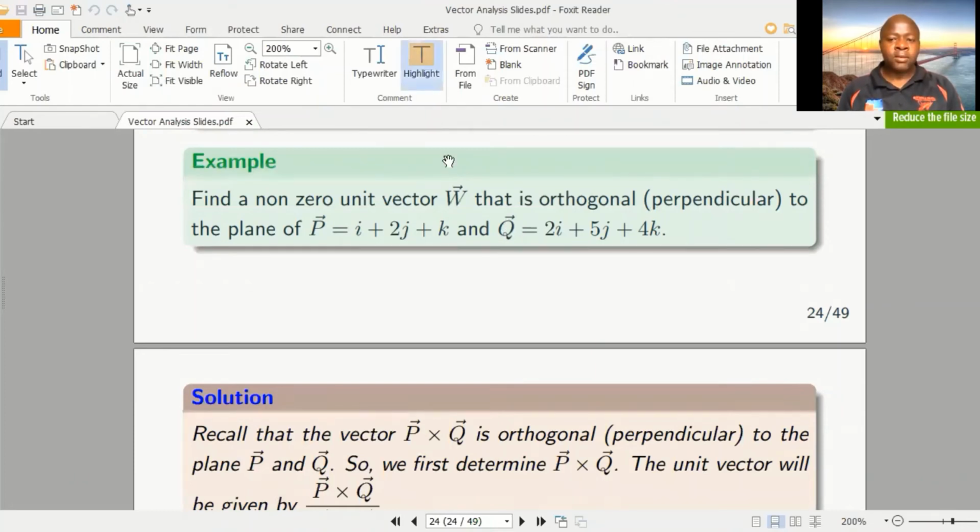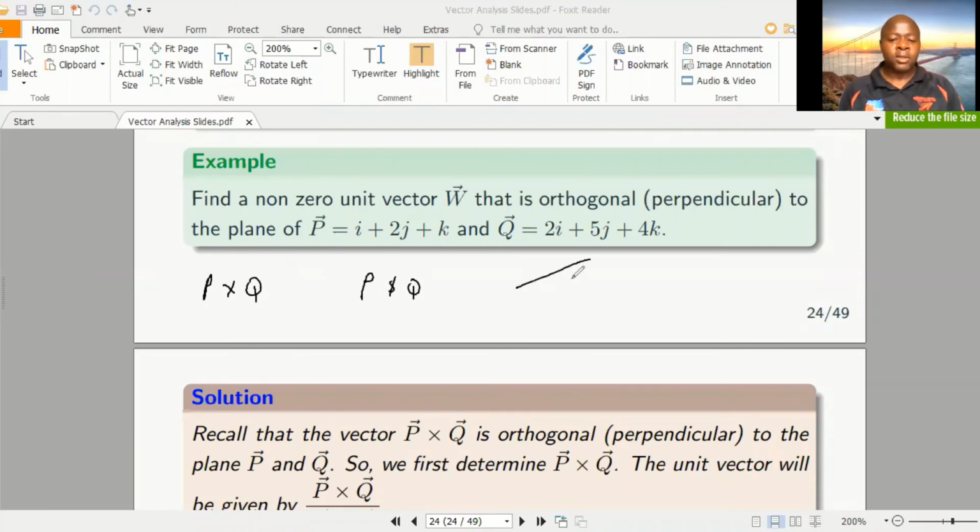And this is what we stated when we began the definition of the cross product. At that time, we said that if we have vector P and Q, then P cross Q is perpendicular to the plane of P and Q. And of course, we say that this cross product is perpendicular to both of these two vectors.